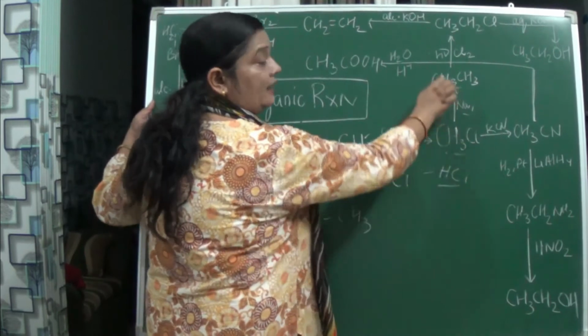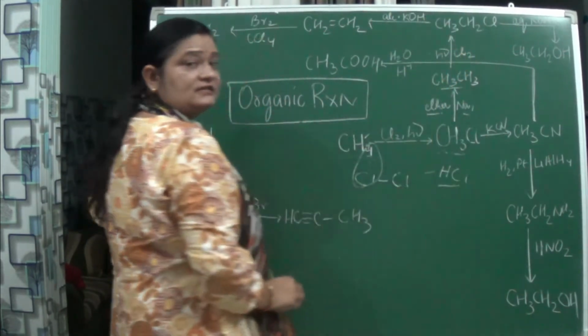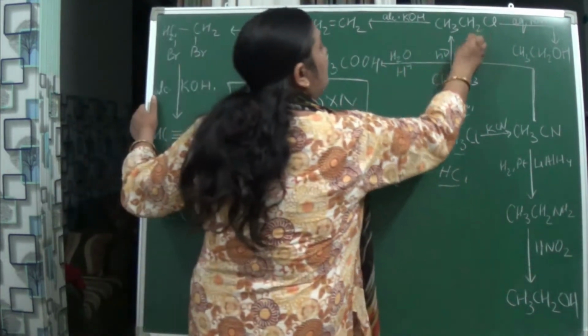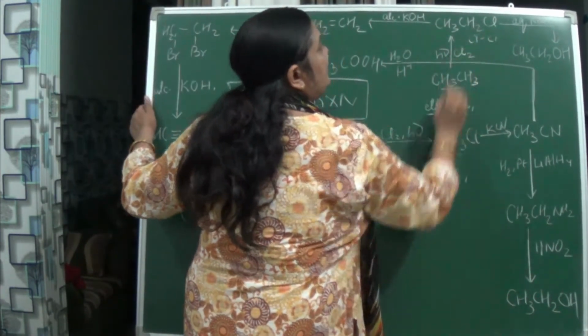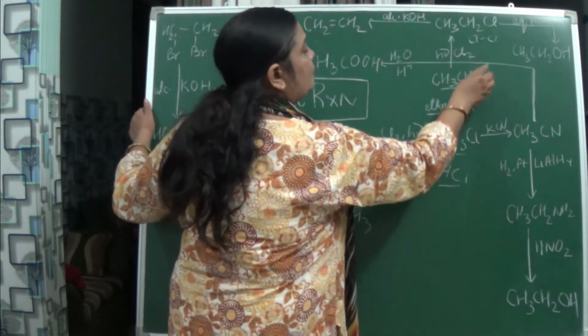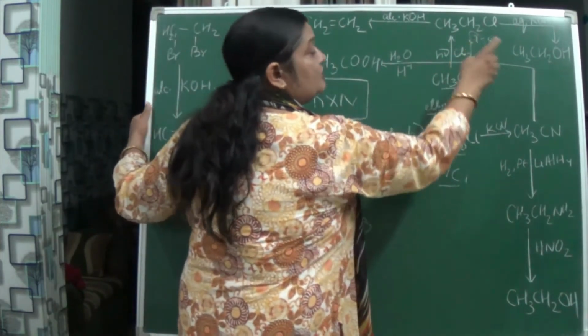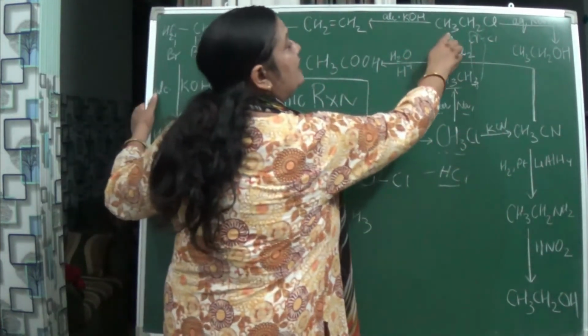Higher alkane, methane, ethane. Now again, if you are providing Cl2, it is having a bond over here. What will happen in this ethane? One HCl will be removed out, which is stable in nature.